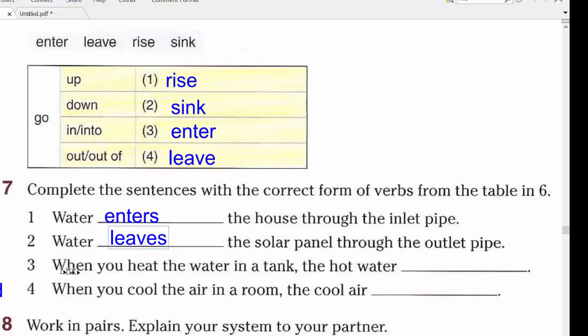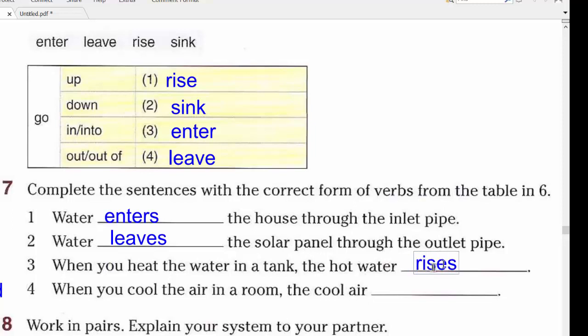3. When you heat the water in a tank, the hot water rises. Hot water rises.